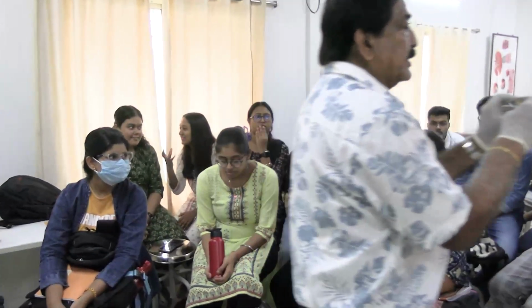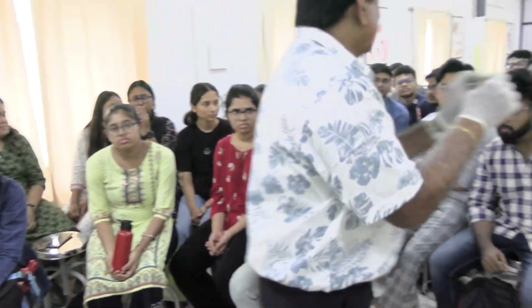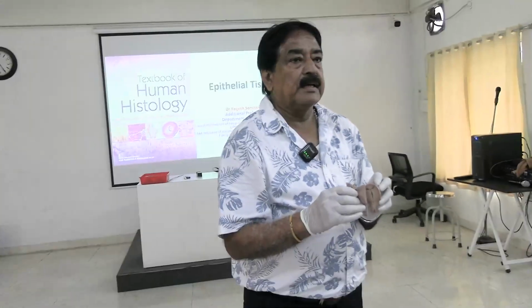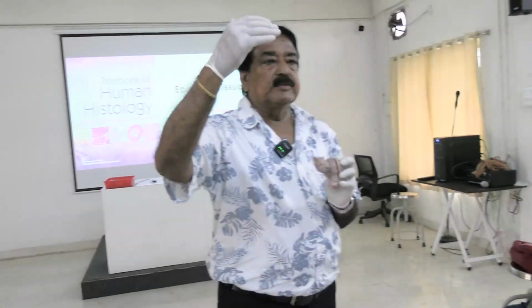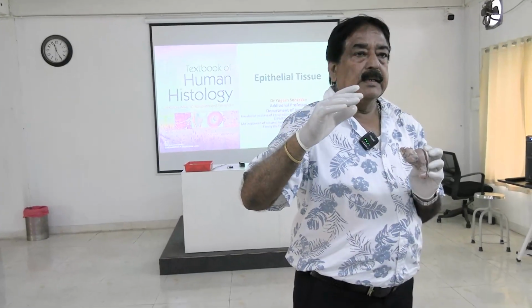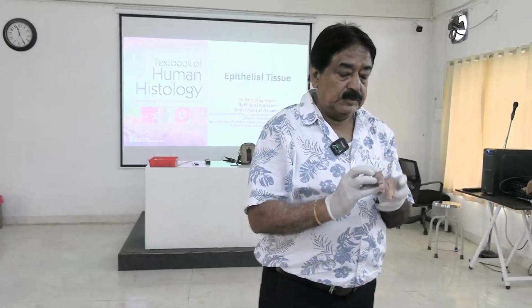The slit is the endometrial cavity. Okay? Now, that is lined by epithelium. This epithelium sheds every menstrual period. And it is formed anew again. Get it clear?